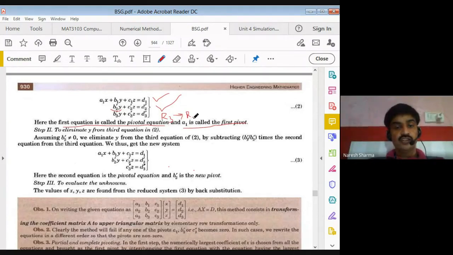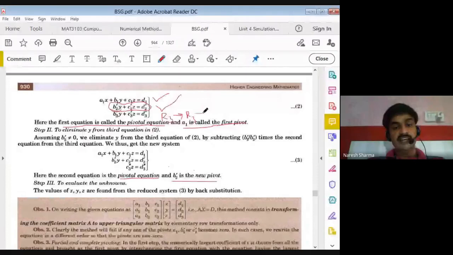So in this we use only the second equation, and that second equation is called the second pivotal equation or pivot equation, and this B2 dash is called the new pivot or pivot element.